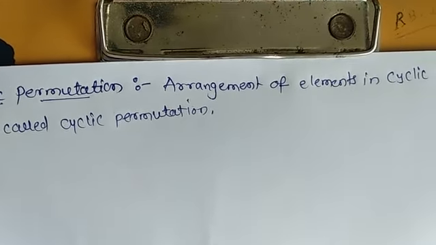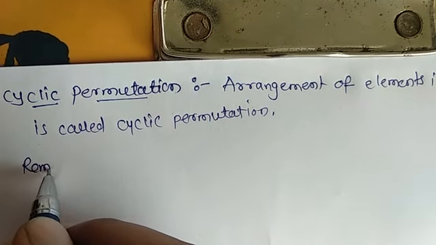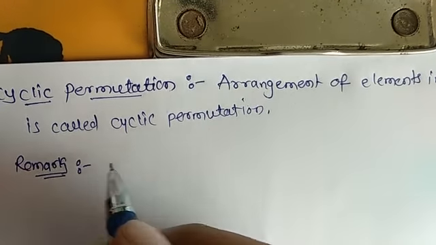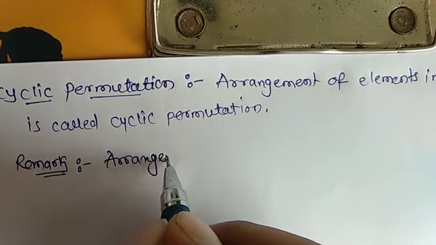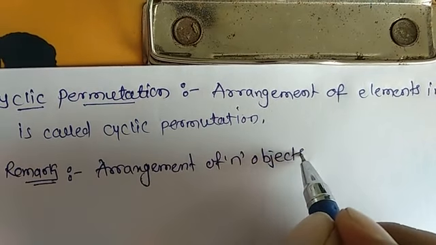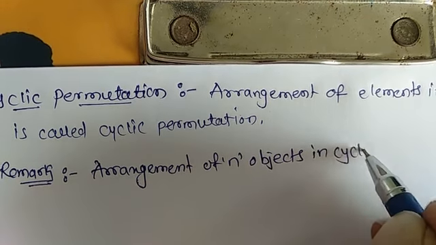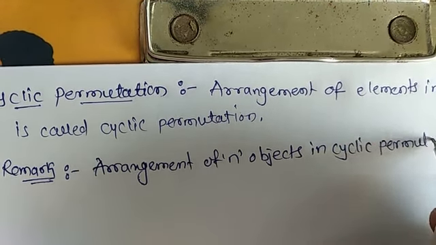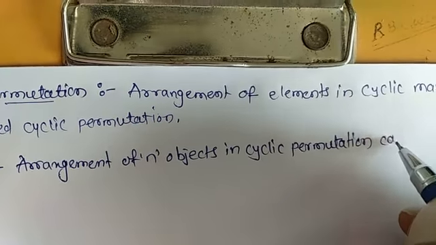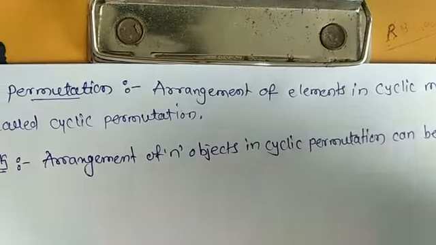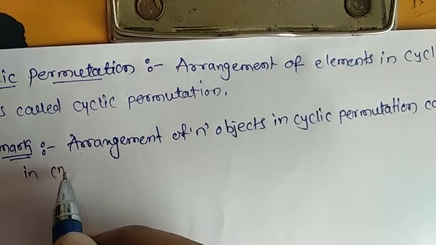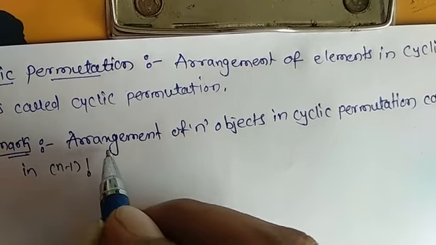Okay, so now consider a remark related to it. The arrangement of n objects in cyclic permutation can be made in n-1 factorial different ways.